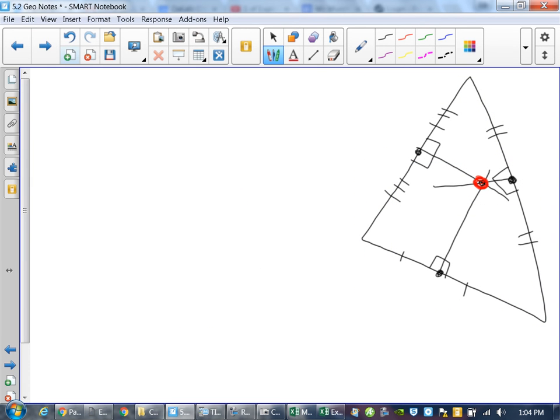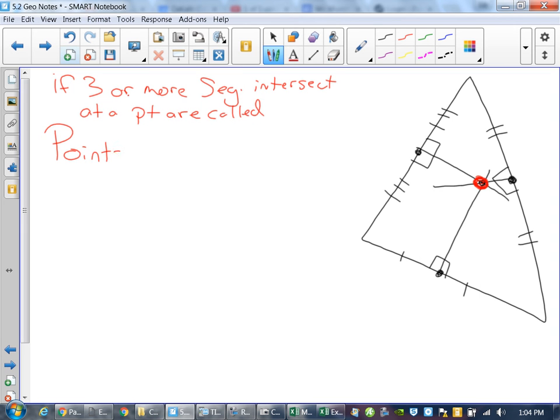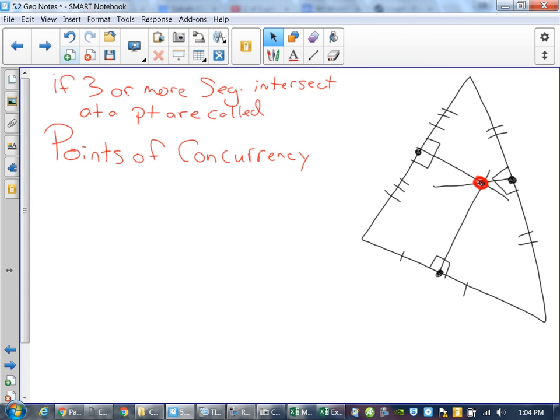These segments in a triangle, if you have three or more, it's a weird term, points of concurrency.